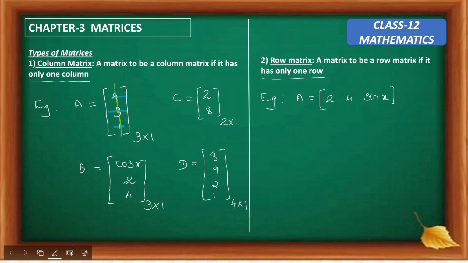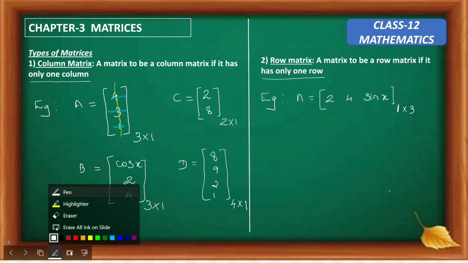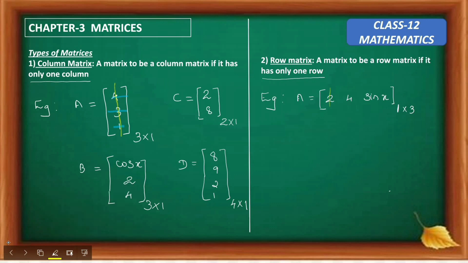In that row 2, 4, sin x, only one row. Number of columns 1, 2, 3. 3 columns you can see. 3 columns and only one row. That is an example of a row matrix.